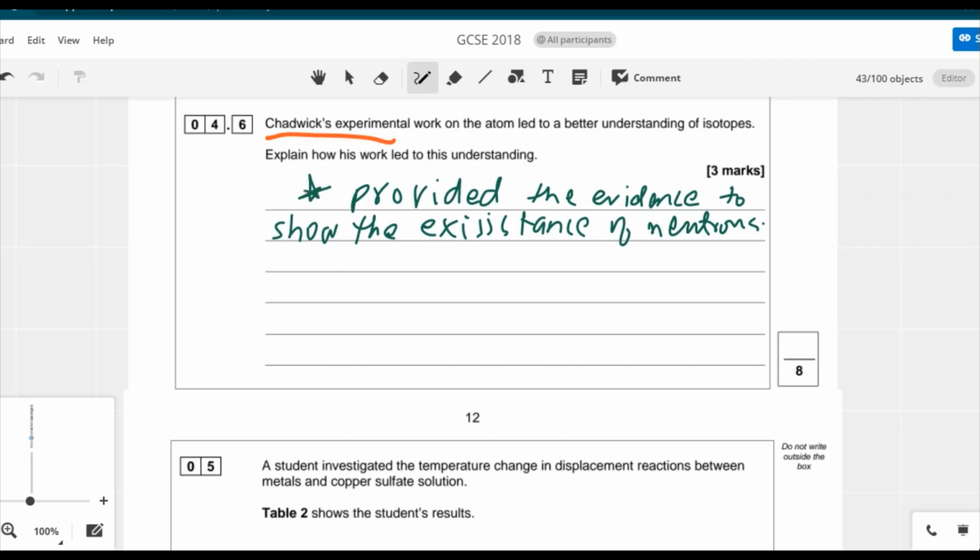That is the first identification of Chadwick's experiment.